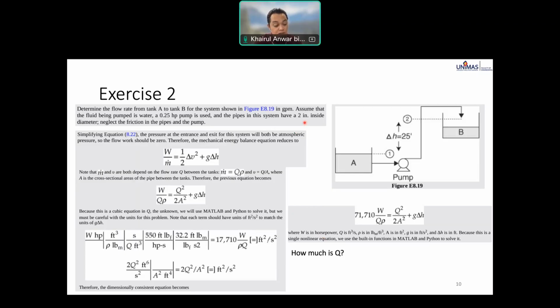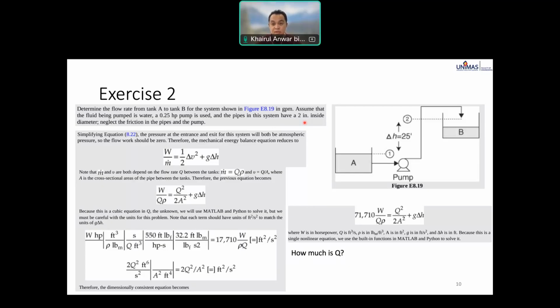Multiply with 144, the unit conversion for feet squared to inch squared, plus 32.2 feet per second squared, which is the gravitational acceleration.